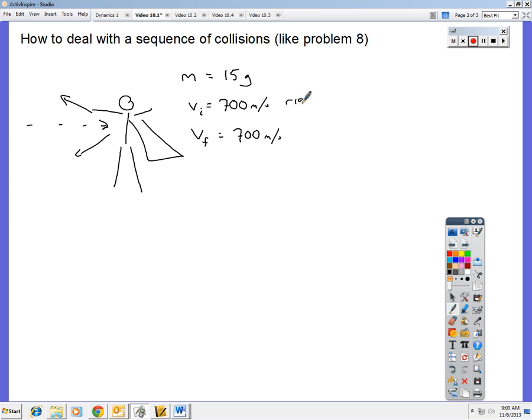And then the rate of fire: let's say 600 bullets per minute hit him. The question is, what is the average force exerted on Superman?